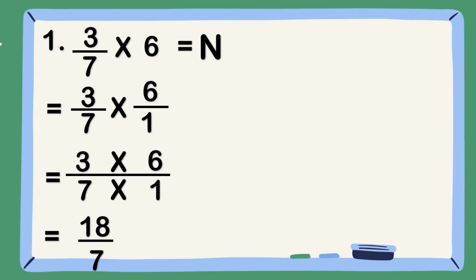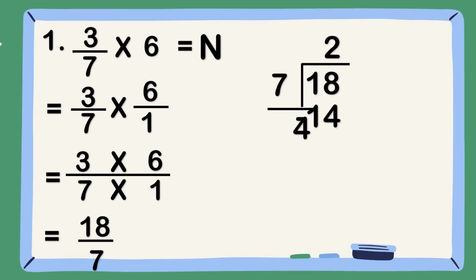Look at the product 18 over 7. It is an improper fraction because the numerator 18 is higher than the denominator 7. So we need to simplify it by dividing the numerator by the denominator. 18 divided by 7 is equal to 2. 2 times 7 is equal to 14. 18 minus 14 is equal to 4.